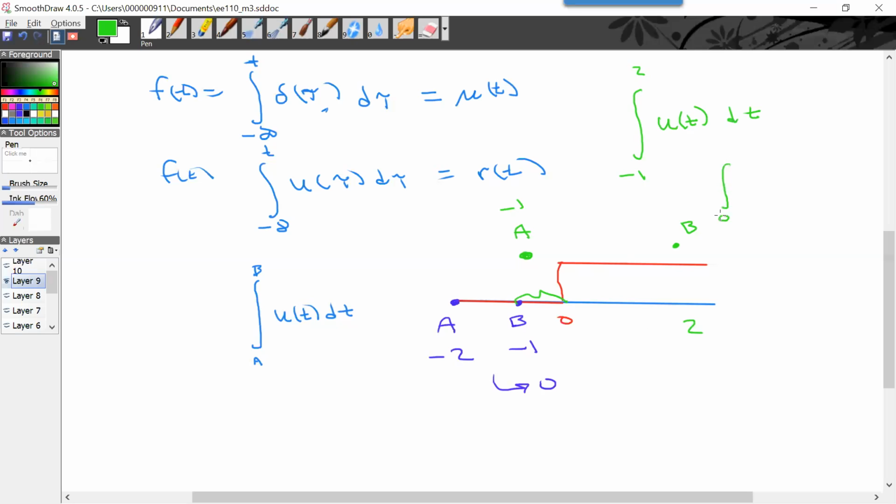So I have -1 to 0, and it's 0 at that point, plus 0 to 2, and it's 1 at that point. And so this is the true width of the rectangle, and that's the true height. And so the area should be 2, not 3, because of the limit.